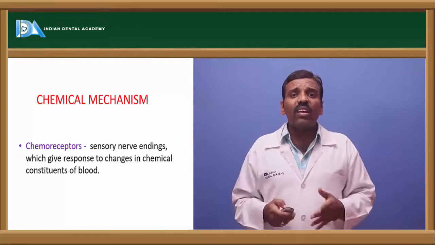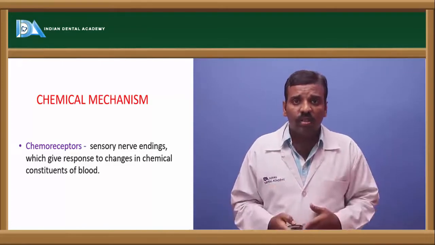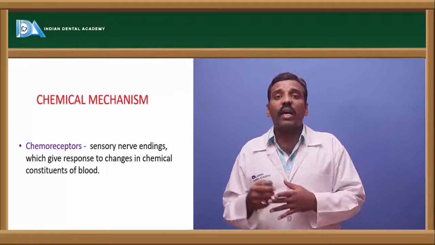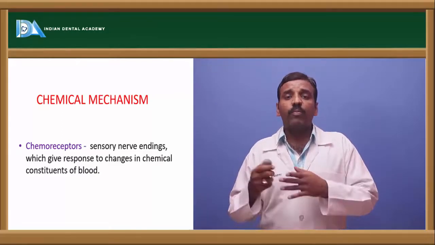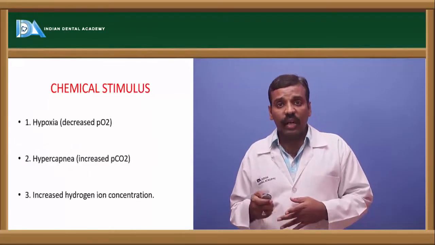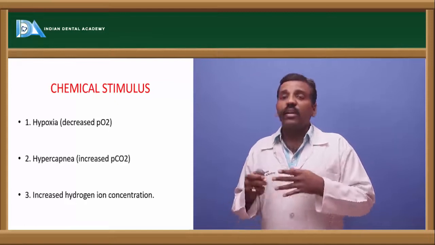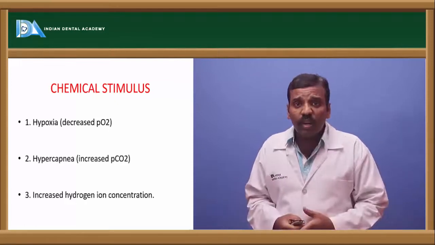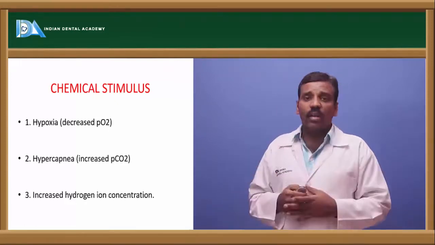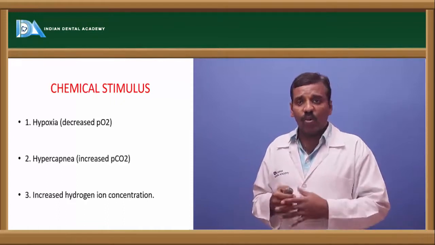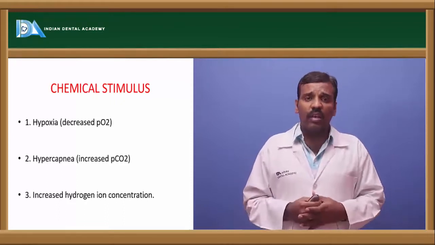When the oxygen level is decreased, these peripheral chemoreceptors are immediately activated, and so the major stimulus for the chemoreceptors is hypoxia.